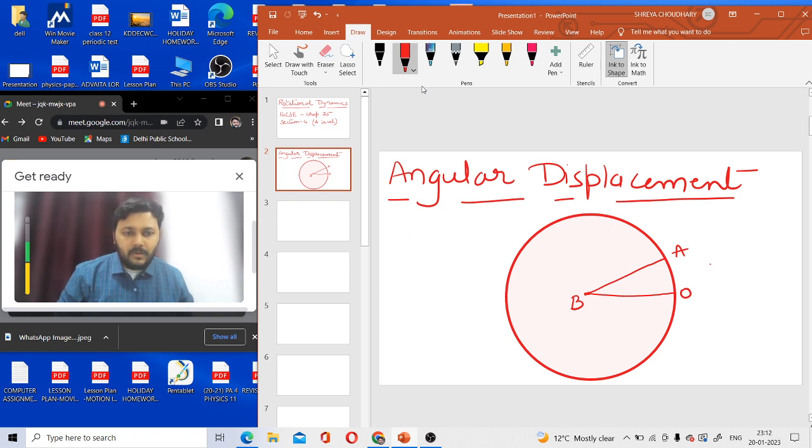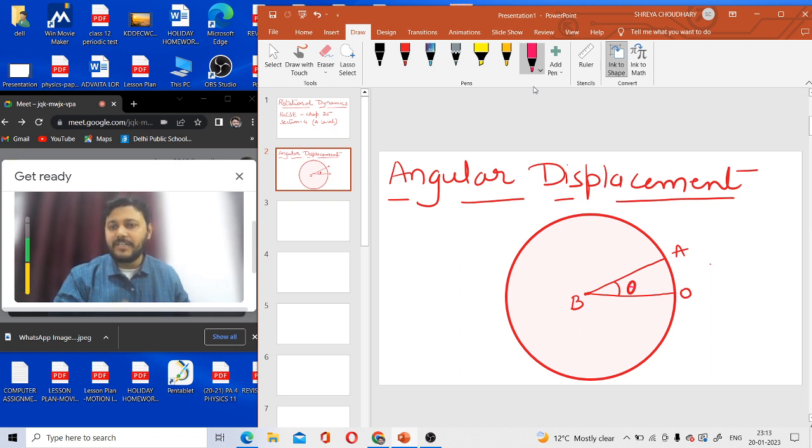Now the angle subtended over here, as you can see, is denoted by theta. So let me write it down again. This is your theta.